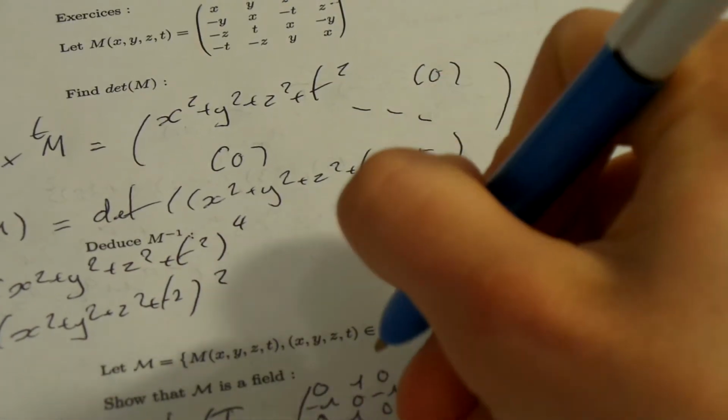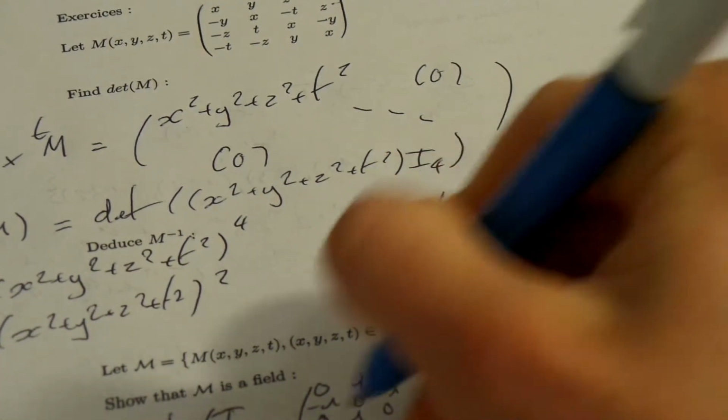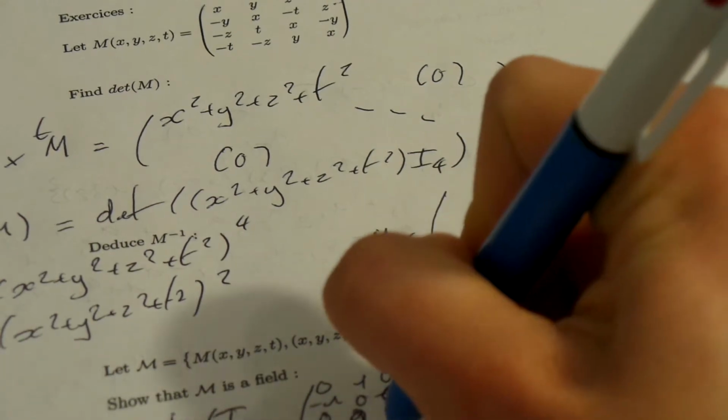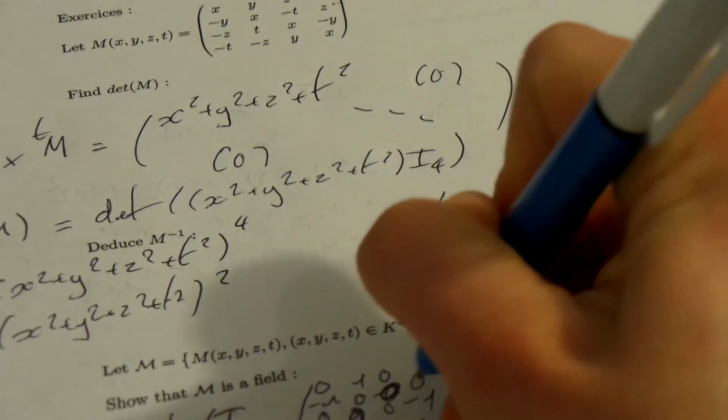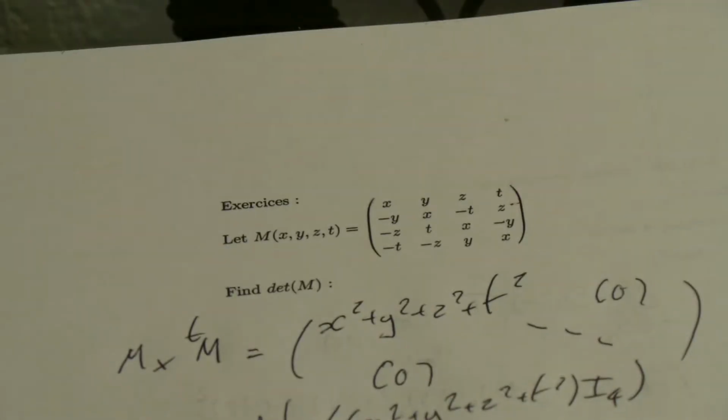I'm missing a line. No, this is 0, this is 0, this is 1, this is minus 1, this is 0, 0, and 0. Right? So that's the y in there.